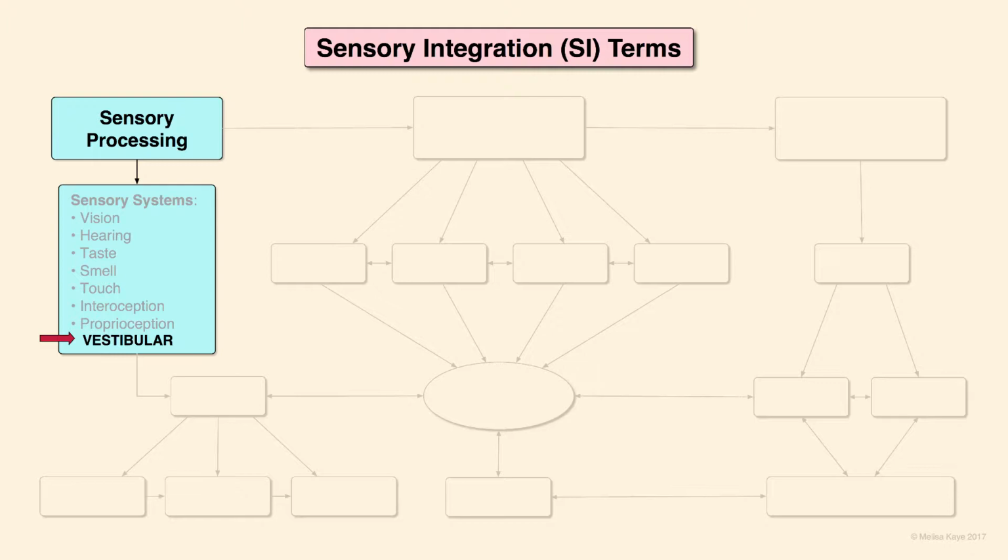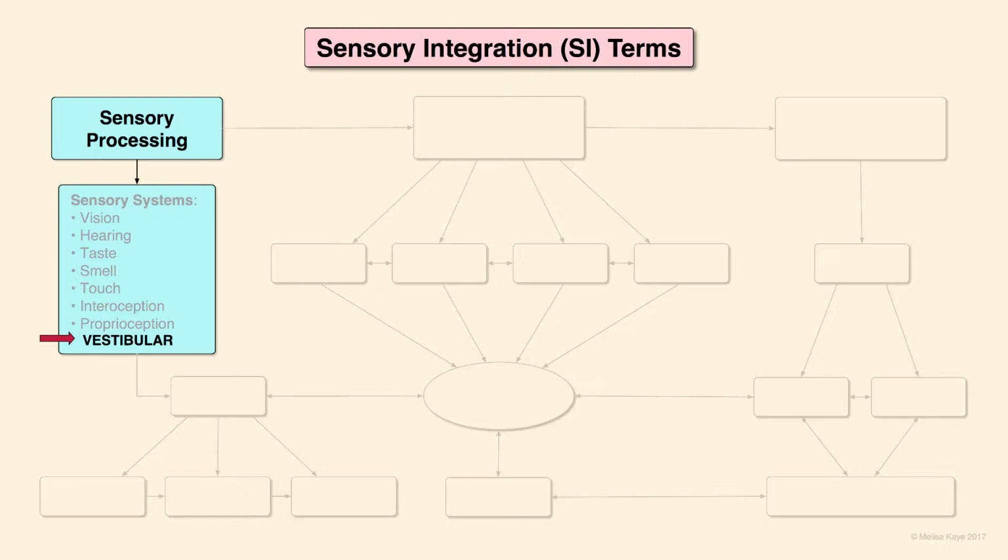We use our vestibular system for any physical activity that requires balance, like skating, dancing, standing on tiptoes, or jumping. We know that our vestibular system is overloaded when we get dizzy or experience motion sickness. Vestibular input contributes to motor skill and self-regulation.